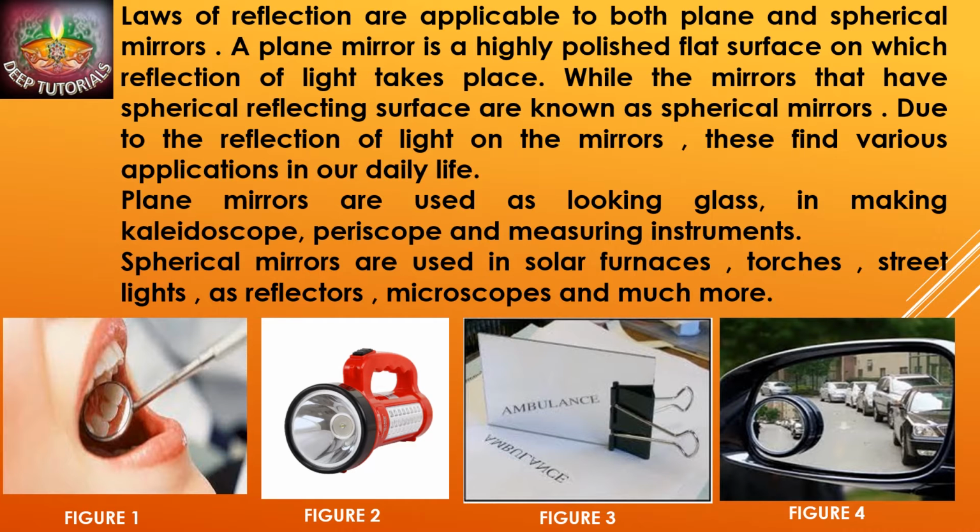Due to the reflection of light on the mirrors, these find various application in our daily life. Plane mirrors are used as looking glass in making kaleidoscope, periscope, and measuring instruments. Spherical mirrors are used in solar furnaces, torches, street lights, as reflectors, microscopes, and much more.